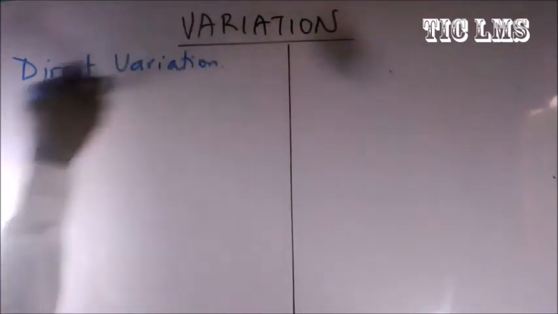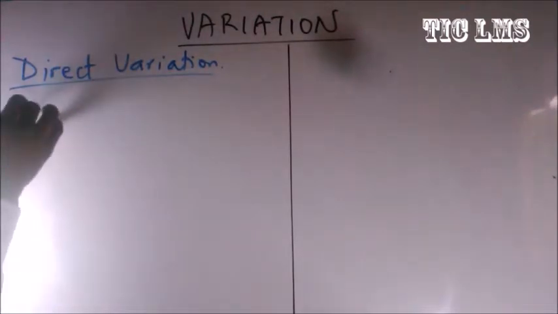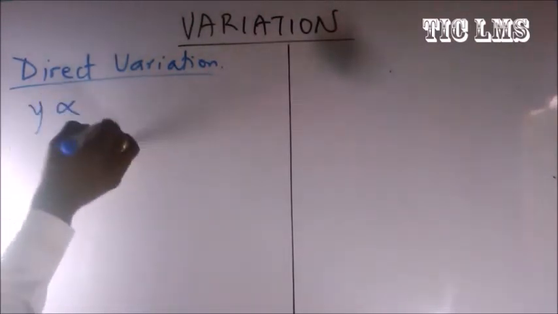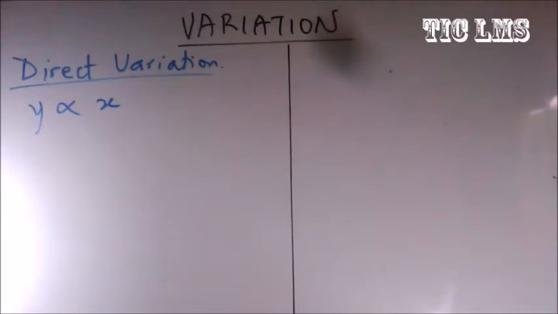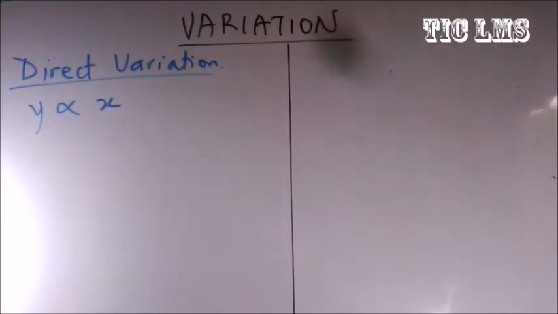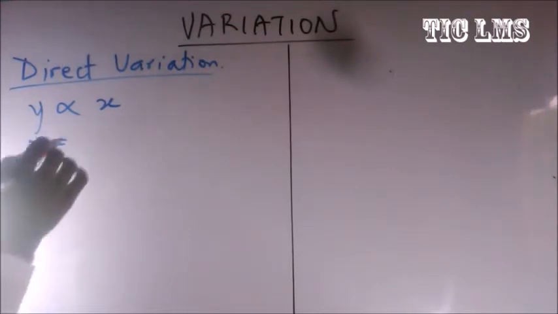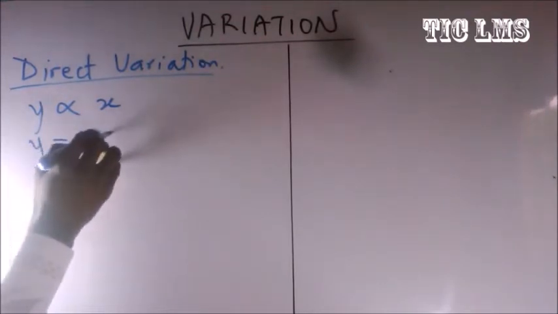When we are talking about direct variation, we are looking at two variables which are directly proportional to each other. For instance, y is directly proportional to x. It is denoted as this. Now this is the proportionality sign, and because it is directly proportional, when the proportionality sign is removed, it becomes y is equal to kx.